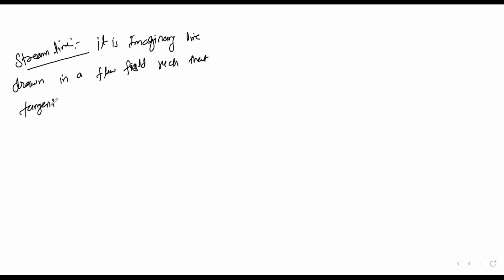It is an imaginary line drawn in a flow field such that the tangent to the streamline gives the direction of velocity of flow, the direction of velocity of flow of what? Of the fluid particle. This is very important.